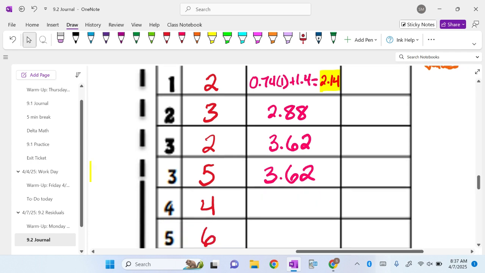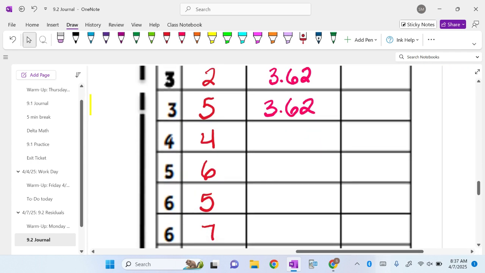All right. So put it in your calculator. Tell me what you get for 4. So if you put 4 into the table for the x, what's your corresponding y value? 4.36. Good.